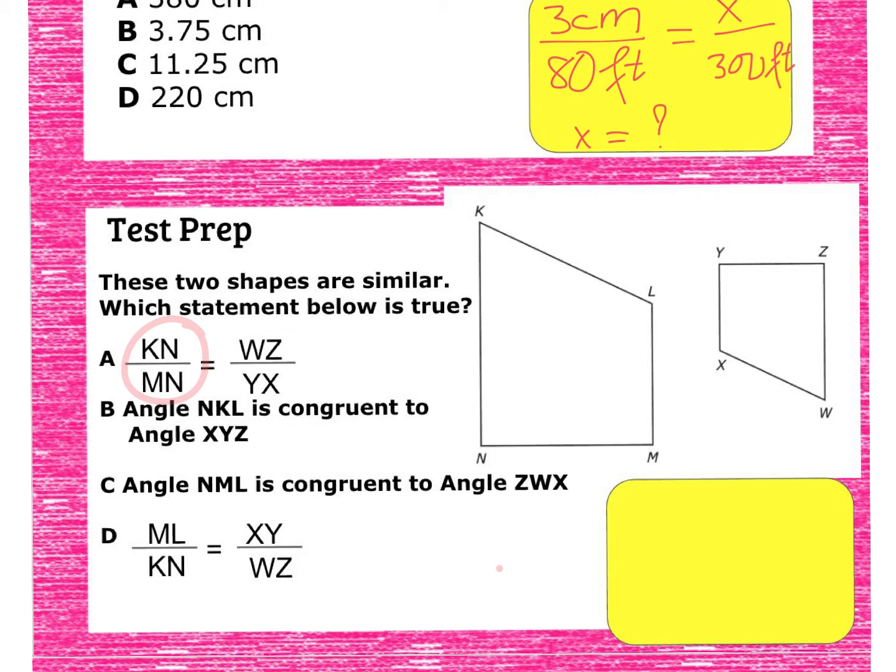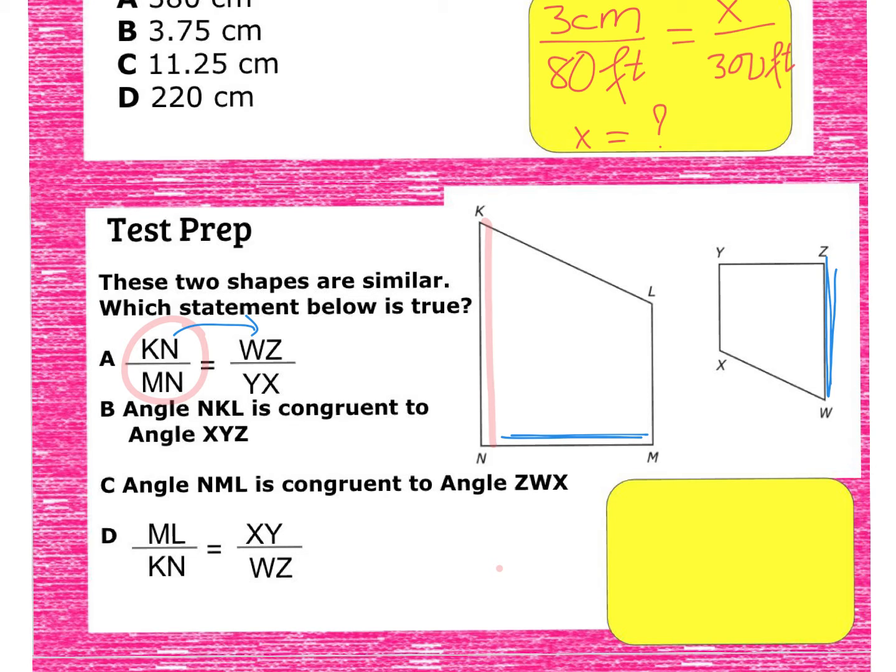KN is this one, going with MN, which is this one, right? So in this scenario, they say KN will also go with WZ. Sound good? I think it's good.